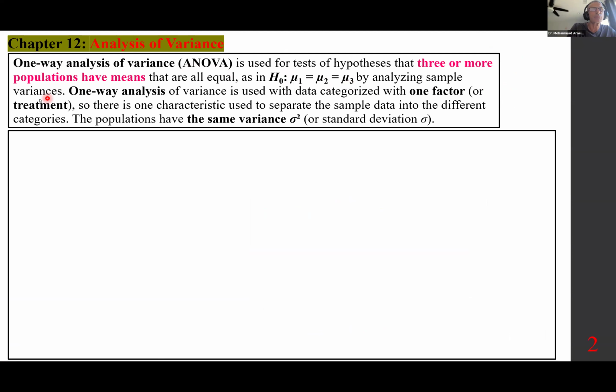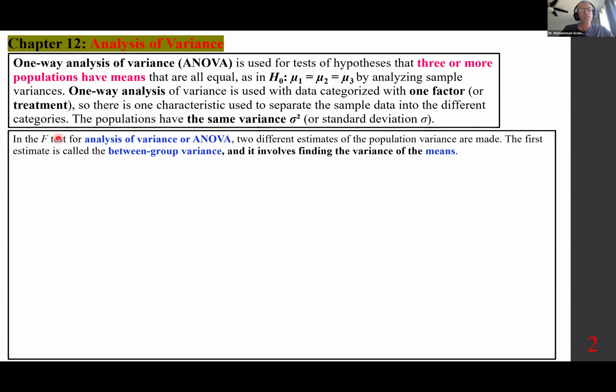By analyzing sample variances, one-way analysis of variance is used with data categorized with one factor or treatment. So there is one characteristic used to separate the sample data into the different categories. The populations have the same variance, sigma squared, or standard deviation, sigma.